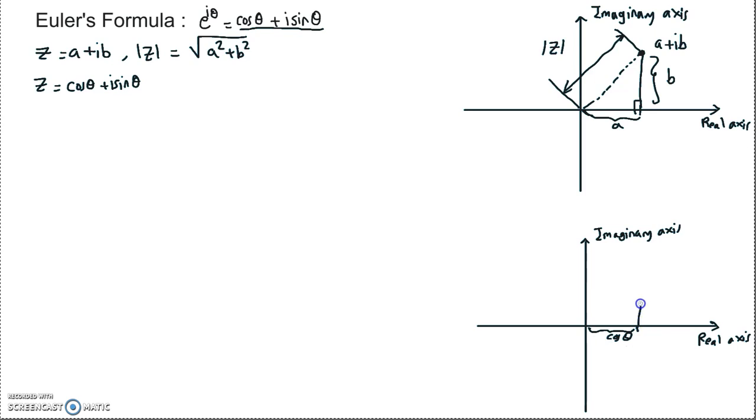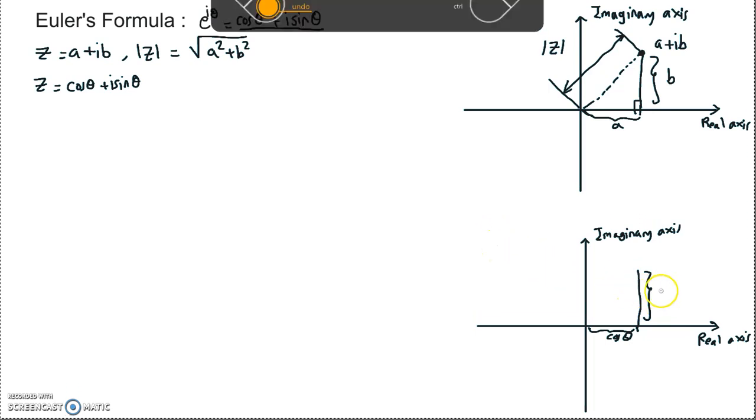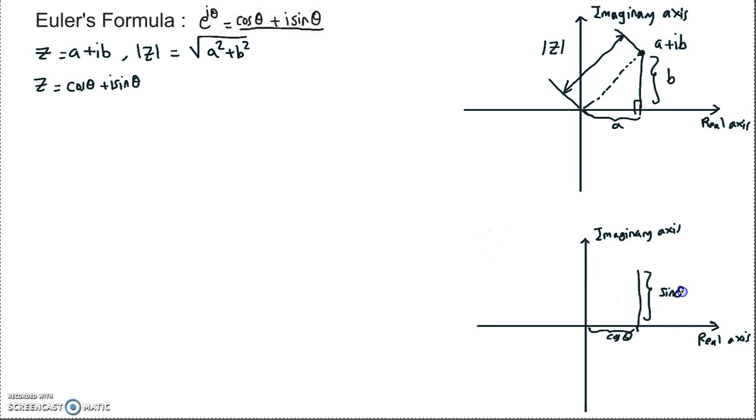Then if we draw a perpendicular here and draw the distance sine theta, and this is a right angle, we've moved along the real axis a distance cosine theta, and then along the imaginary axis a distance of sine theta. This point here is cosine theta plus i sine theta.